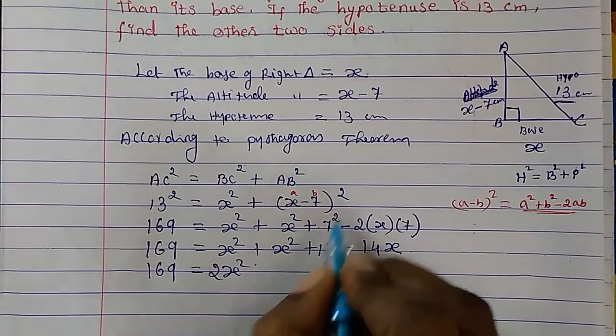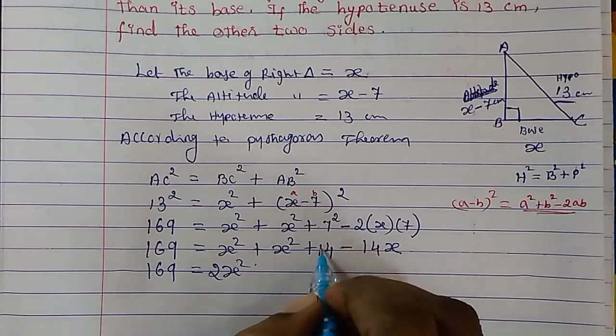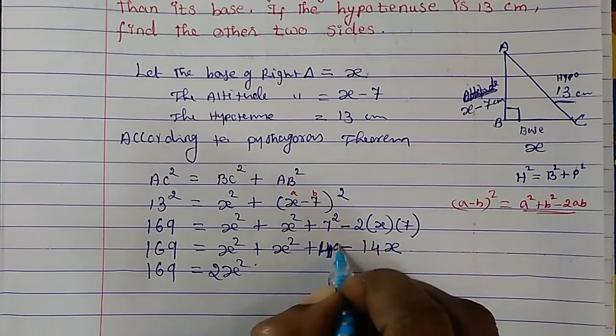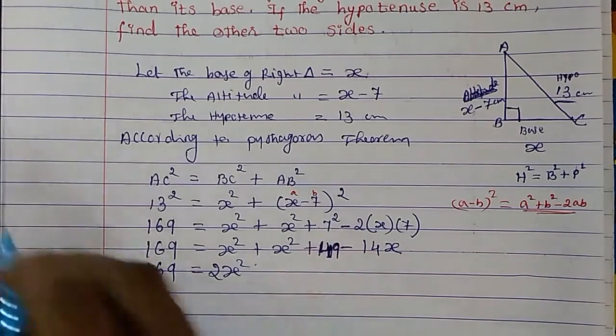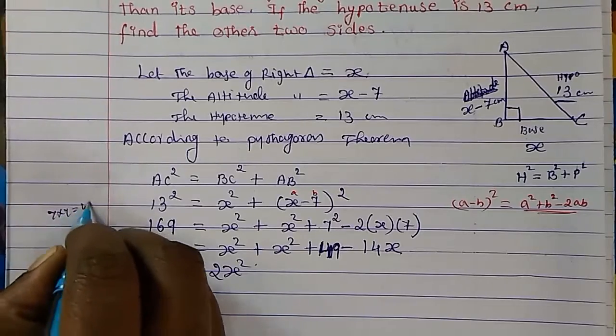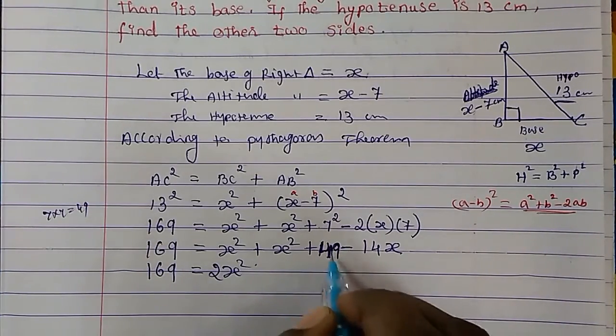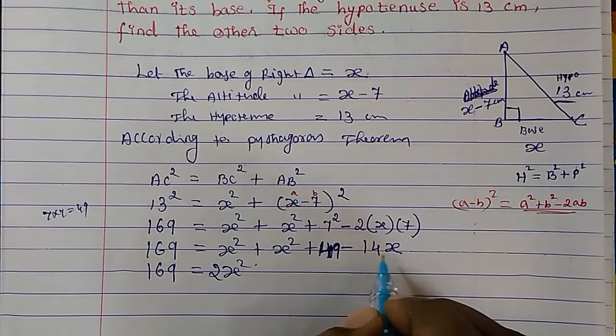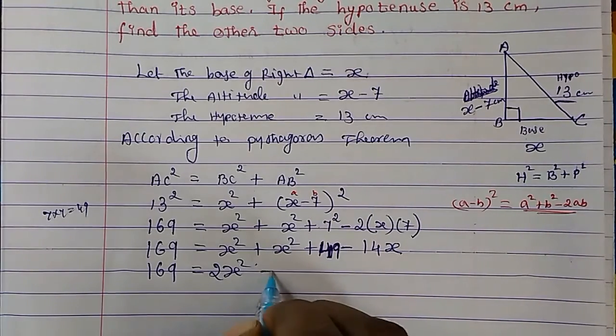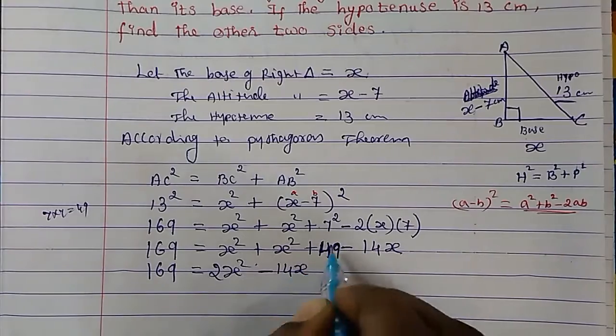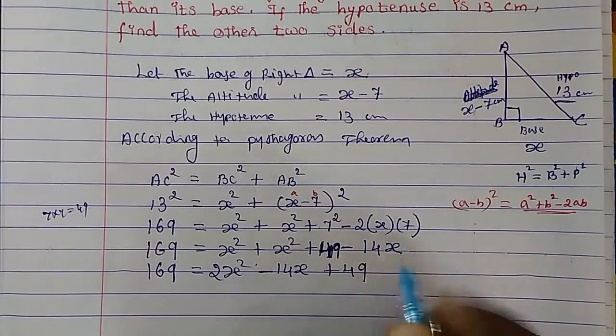Then 7 into 7 is 49. So plus 49 we have here, and minus 14x.